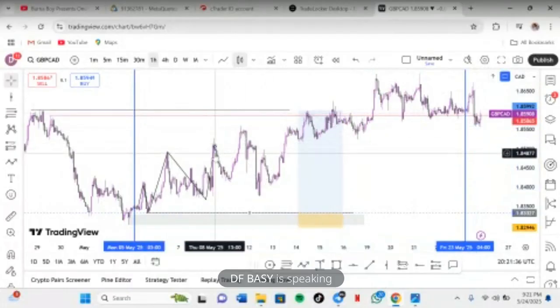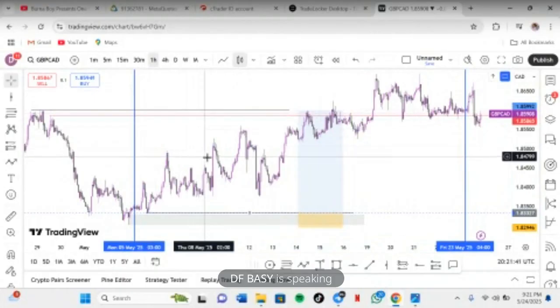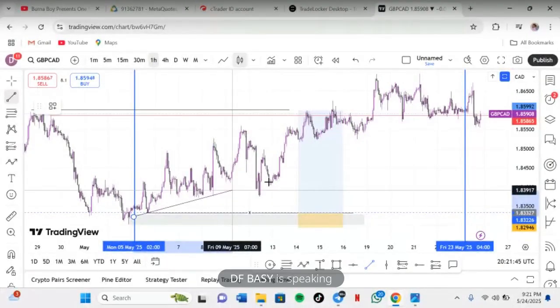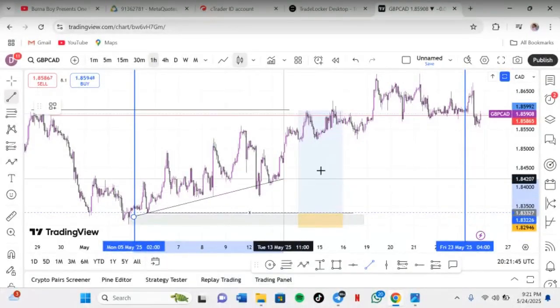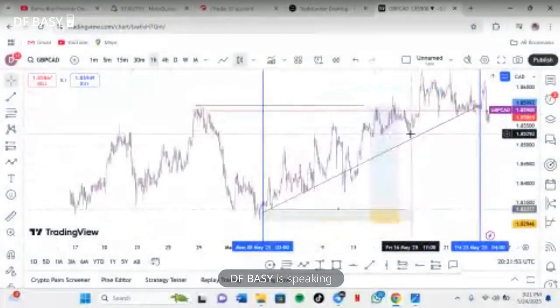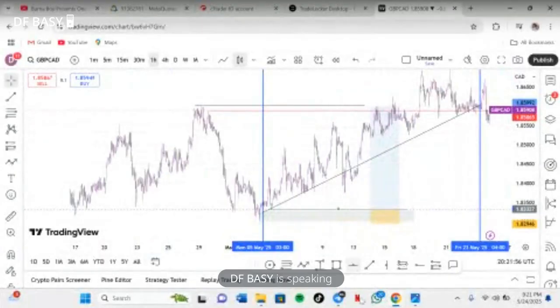So now if you want to use a trend line, this is what you're going to do. You can use a trend line by marking from here, though this one here was a fake out. Marking from there, and marking from here.